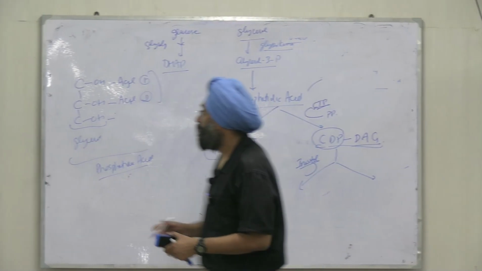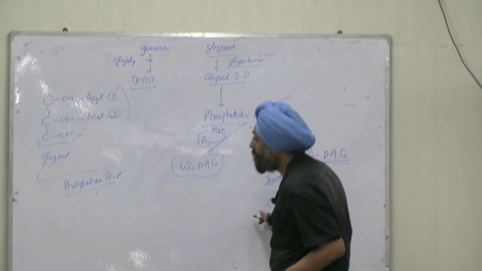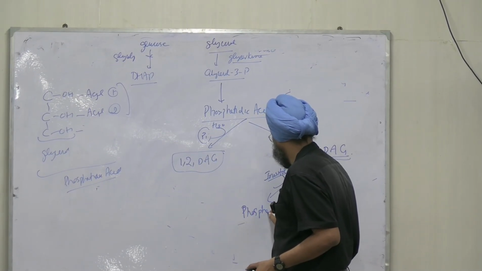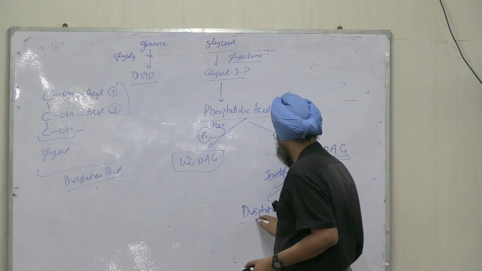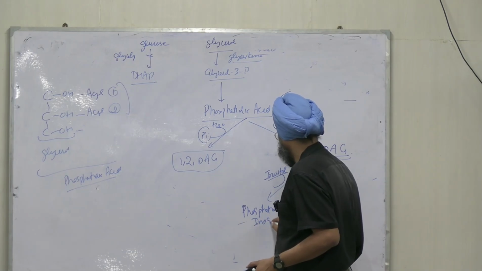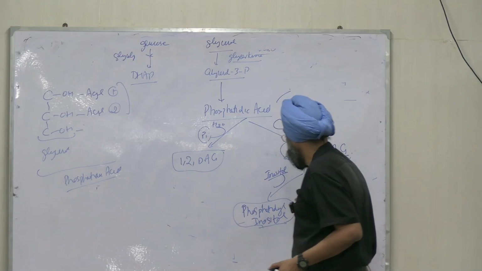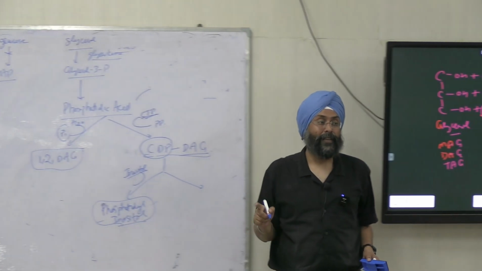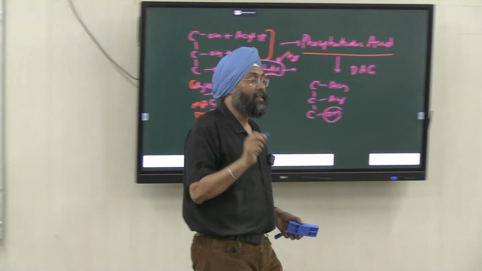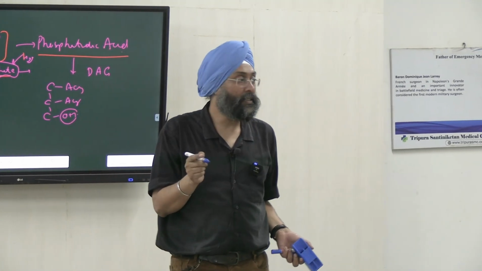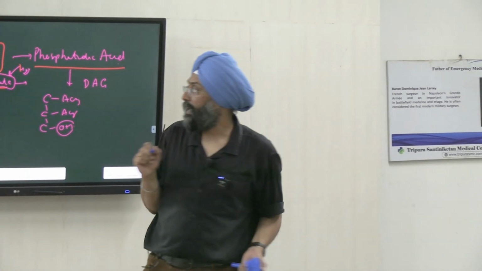What will it become? Phosphatidyl inositol. One phospholipid is formed. What are the functions of phosphatidyl inositol? It is involved in the action of certain hormones, vasopressin and oxytocin, right?